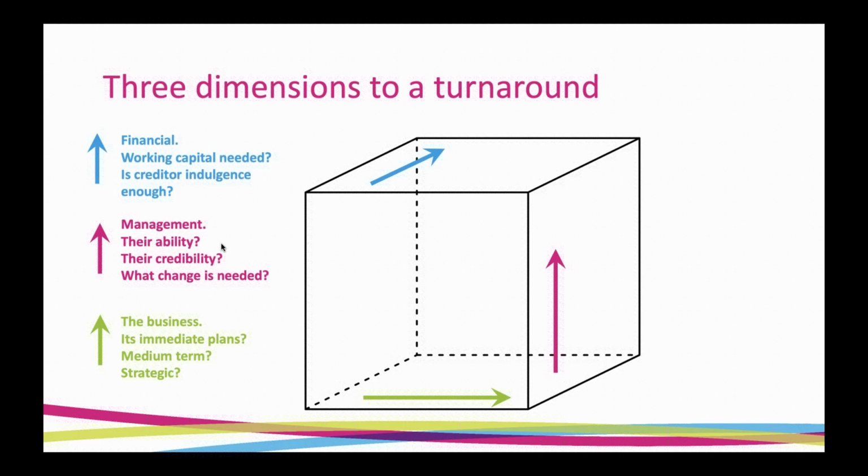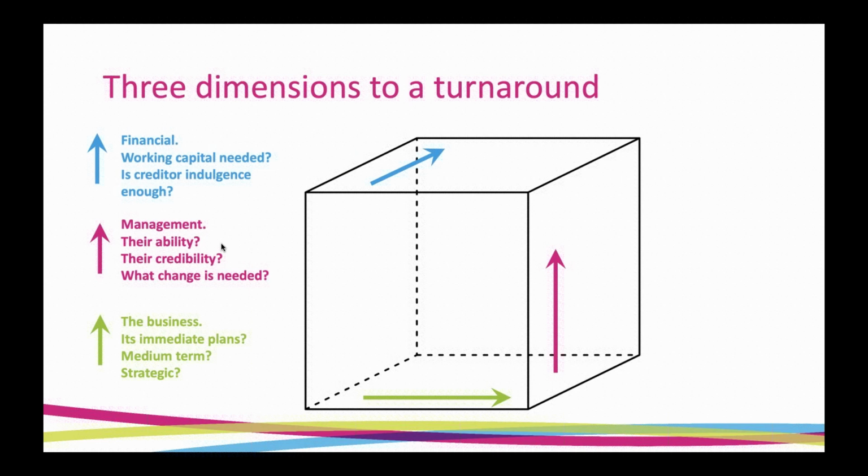Now, if we're looking at something which is, say, a pub or a club which has simply had to close because of government regulations and can now reopen for the first time, then if it was successful before, there may not be too much of an issue about the management.